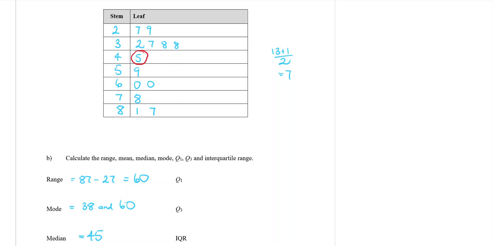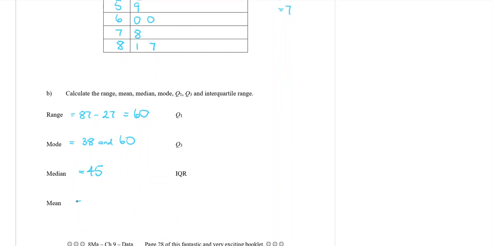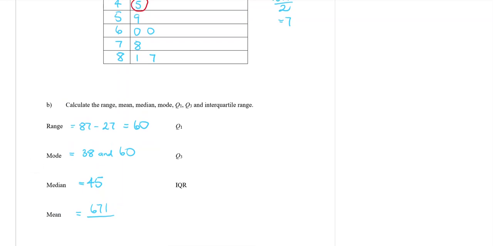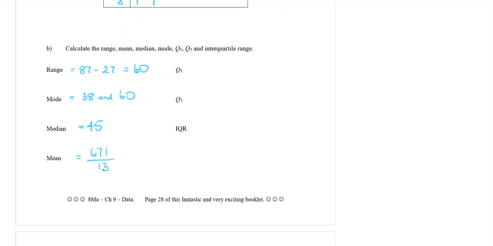Okay, that's right. So you should get 671, and then we have to divide that by how many scores there are. How many were there? 13. 671 divided by 13 is a decimal number. I'm going to do 1 decimal place, so it'll be 51.6.